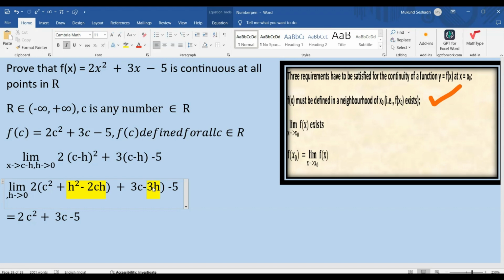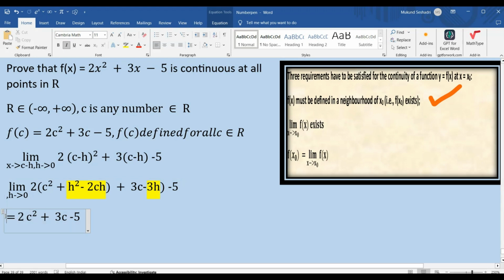And here, when I do that, I have 2 times (c square plus h square minus 2ch) plus 3c minus 3h minus 5, right? And what happens when I do a substitution of h equals 0? Again, my h square minus 2ch term and my 3h become 0, right? And I'm left with 2c square plus 3c minus 5.